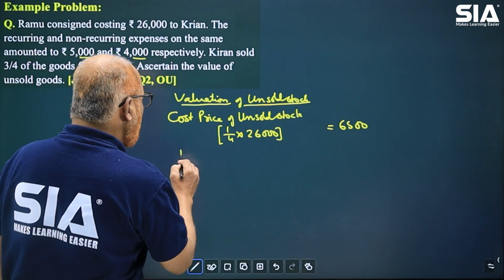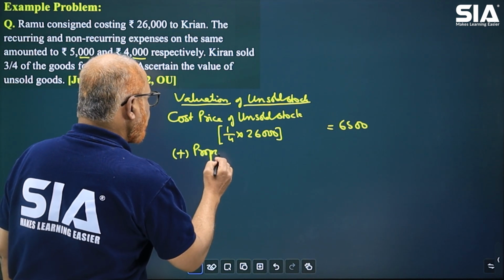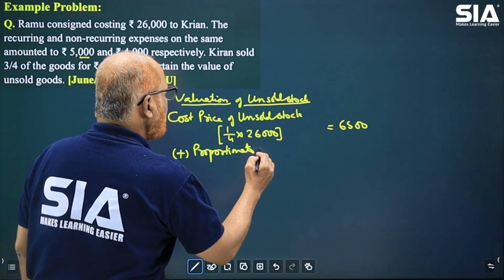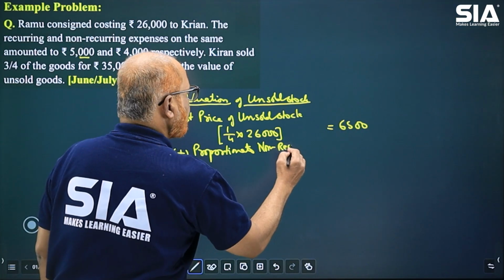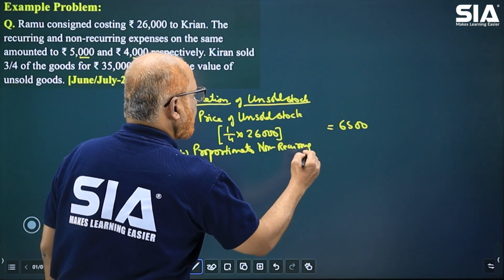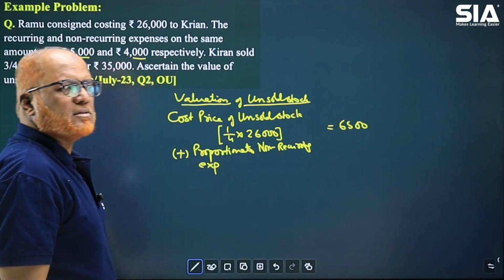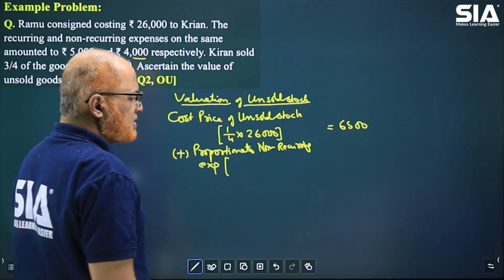To this we add proportionate non-recurring expenses. So first of all, what is the total non-recurring expenses in the problem?